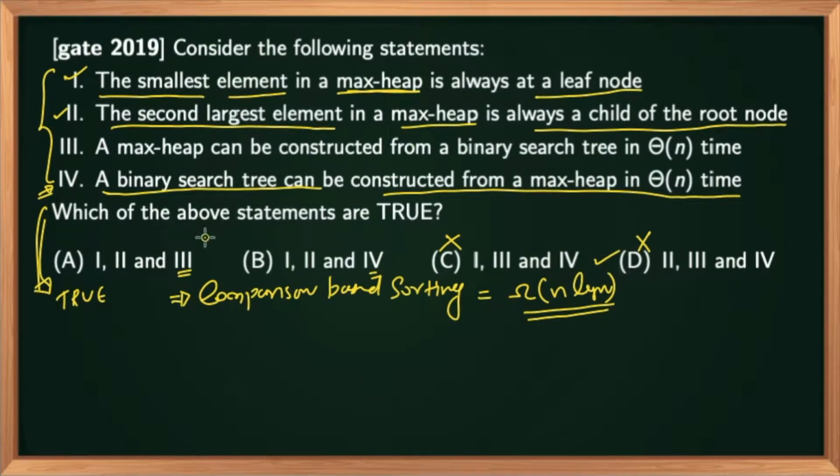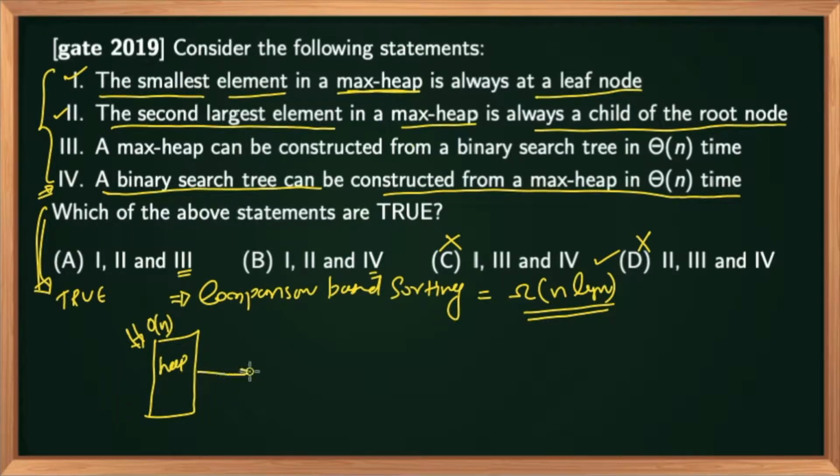Now we assumed that this statement is true, right? The fourth choice is that a binary search tree can be constructed from a max heap in order of n time. So let's assume you have a heap, and we know that we can construct the heap in order of n time.